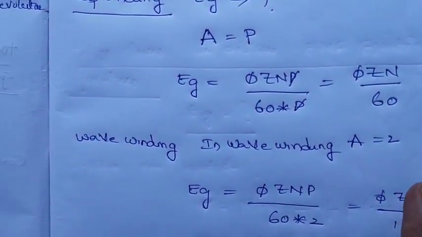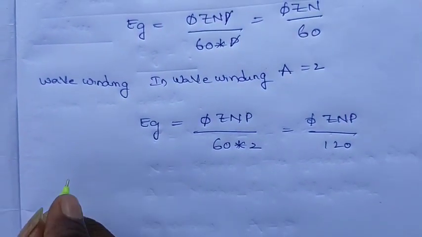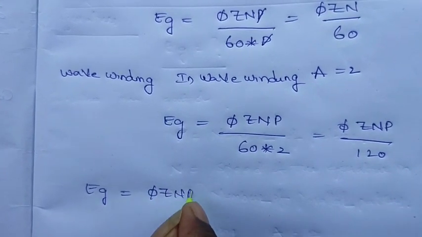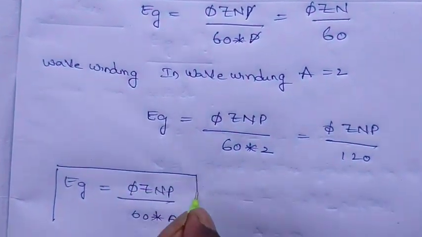This is the EMF equation. So the general formula is φZNP by 60A. This is a very important thing.